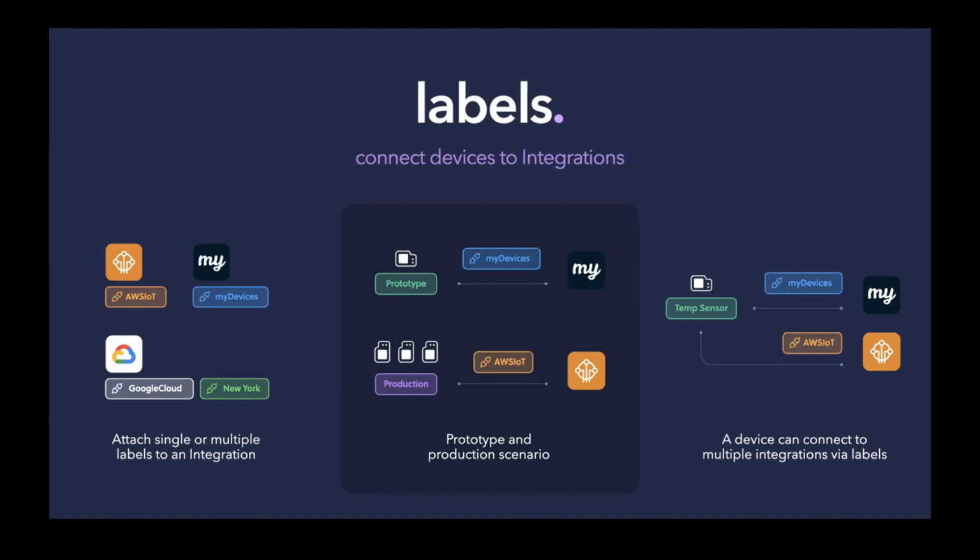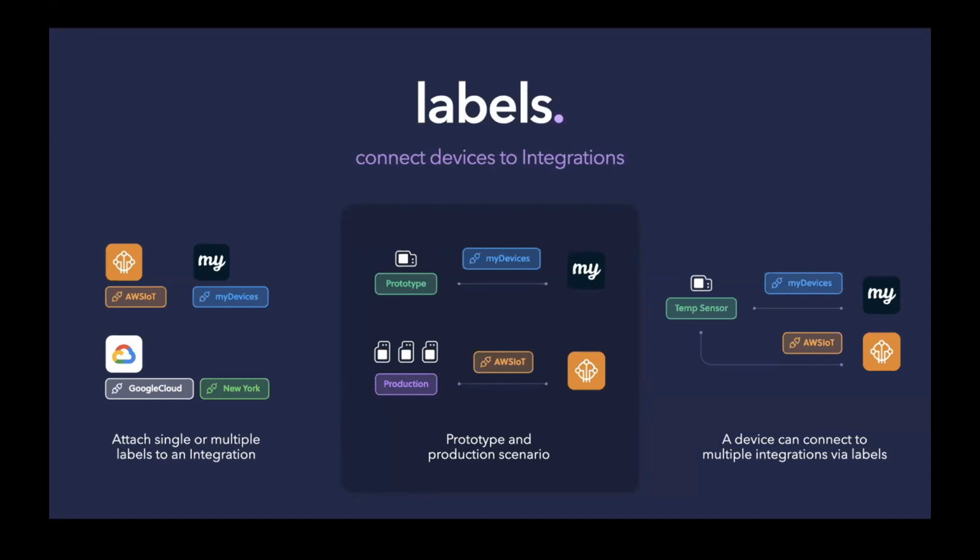So AWS IoT, and similar for My Devices. Now, because we want to make it intuitive and minimize confusion, we've also included an icon. If you look to the left, there's a little plug. That is to represent that this label is tied to an integration.